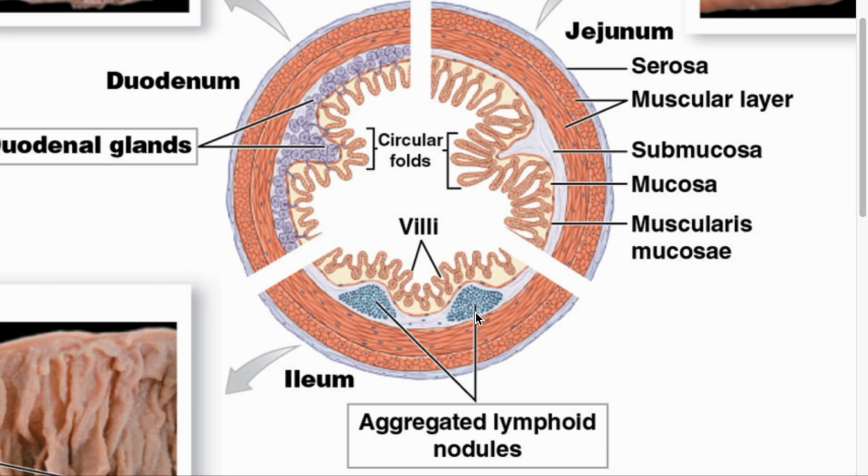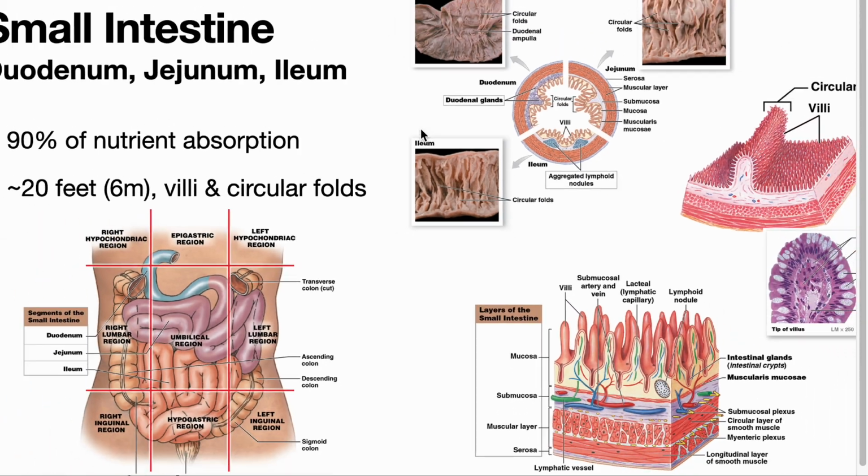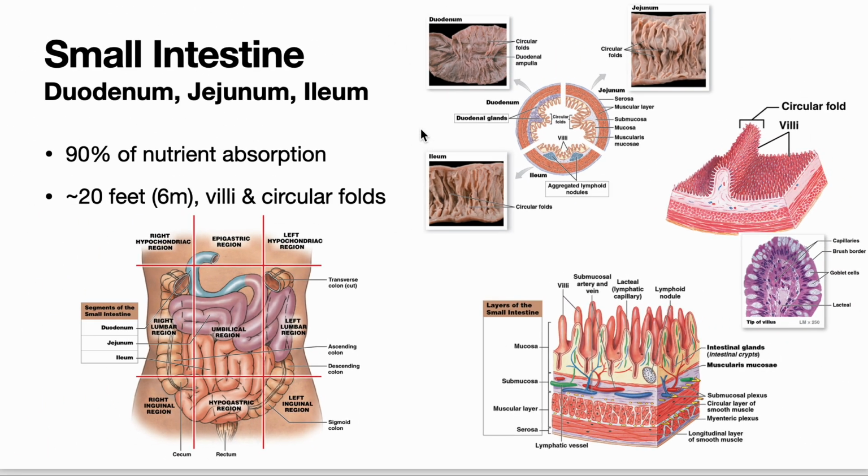Those are aggregated lymphoid nodules, places where there's lots of lymph cells in the submucosa, versus in the duodenum, where in the submucosa we see lots and lots of duodenal glands that can secrete products that are going to help neutralize that very acidic chyme. So there are differences between the three parts of the small intestine.